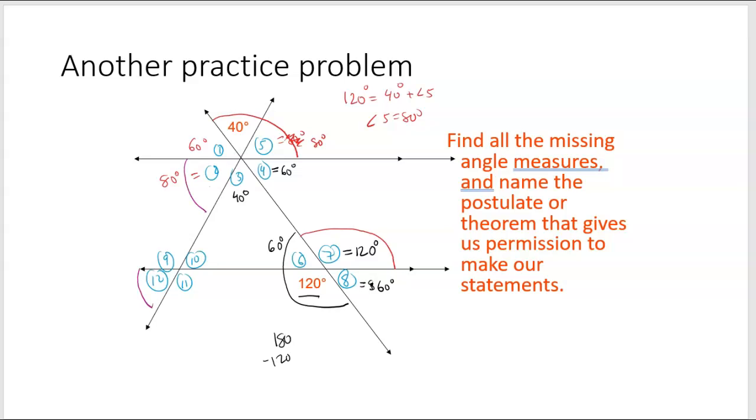So that means that this is also 80 degrees, which means if I know 12, I know 10. And if I know 10, I actually know 9 and 11 because this right here is 180. So if I subtract 80 from 180, I get 100 degrees. And again, this is 100 degrees right here.